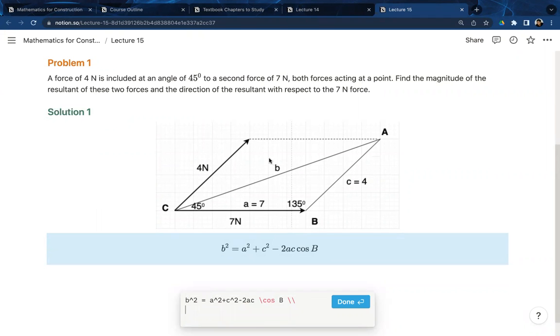Right? So b squared is what we want to find. As you see, that's the magnitude of the resultant force. So you go 7 in this direction and 4 in this direction. So you go CB and then BA. So that will give you CA. To go from C to A, you go from C to B and B to A, right? So b squared is what?